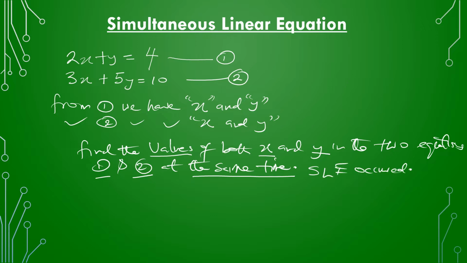Occurred. Now, we have several methods we can use to solve problems in simultaneous equations, but for this topic, we are using the substitution method. So please take note of that.